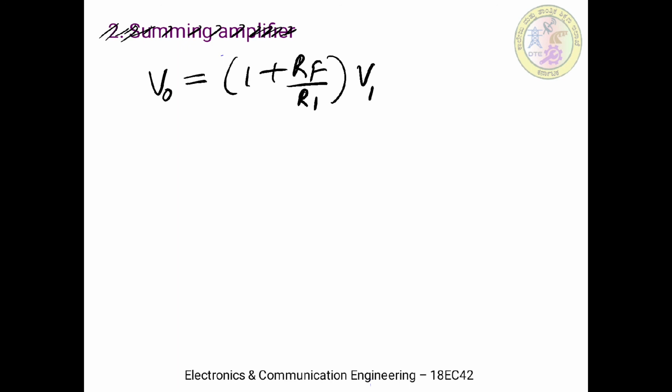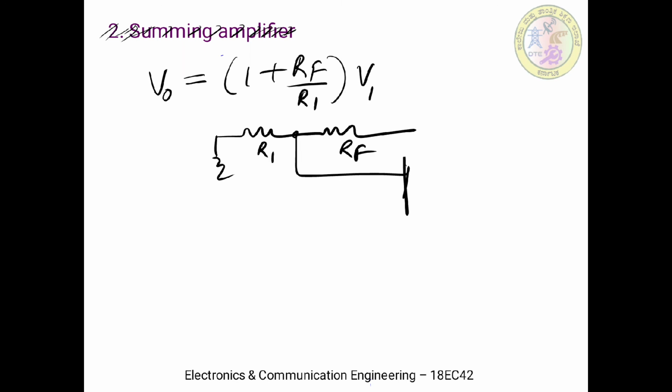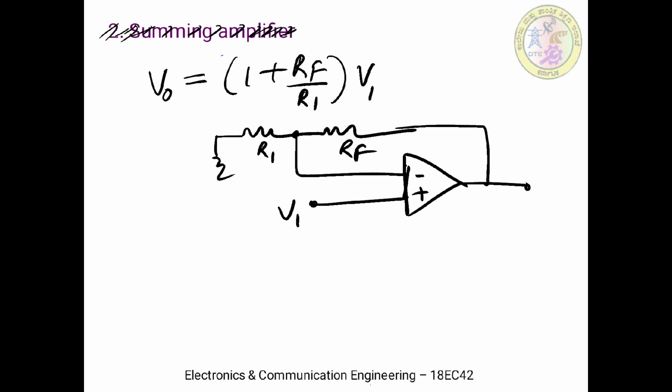Why is it 1 plus RF by R1 into V1? Because we have the circuit R1 and RF in the non-inverting configuration, going to the op amp, and at the non-inverting terminal we have the input V1. So that's why V0 will be equal to (1 plus RF by R1) into V1.